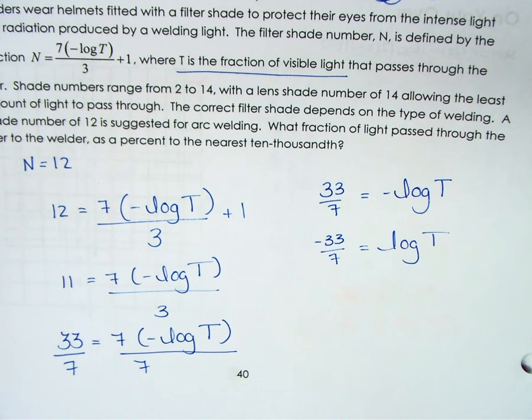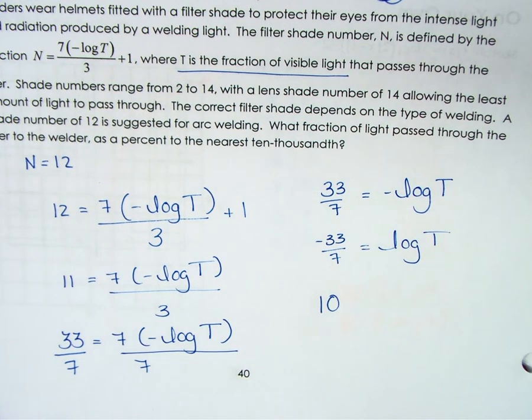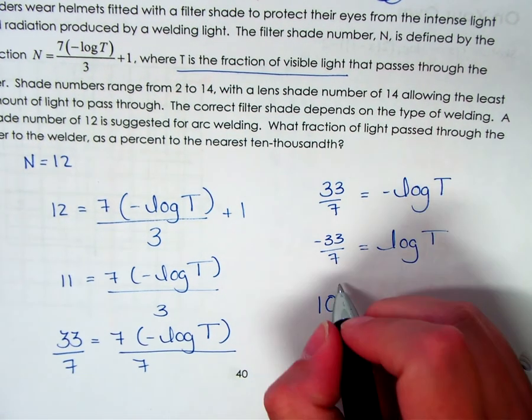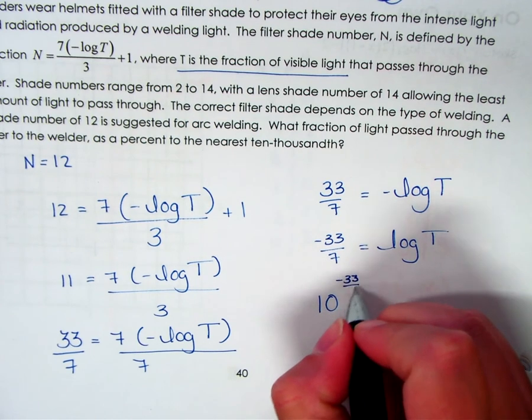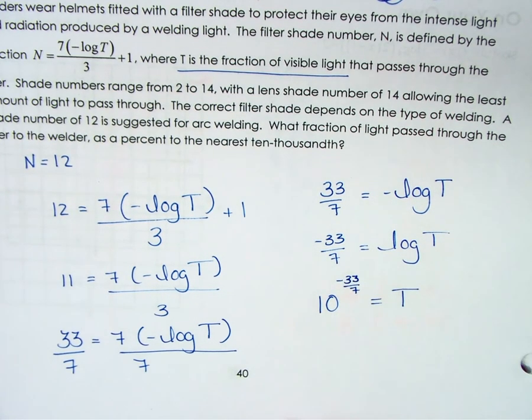You're on the right track, but you're not using the right language. We're going to change it to exponential form. So what's the base on the log? 10. So my base is 10. So is my exponent T, or is it negative 33 over 7? Negative 33 over 7. And that equals my argument of T.